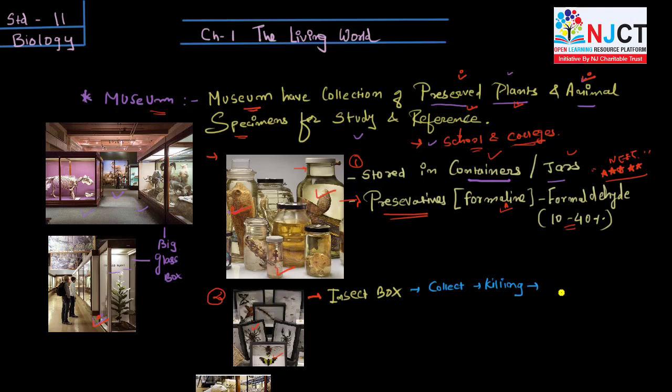So you are killing them, and after that you are pinning them. It's a very sad death. You are collecting them, killing them, and then pinning them and showing them to the world in an insect box. What a great life and death they have. So this is how we are going to store insects, which are very small.